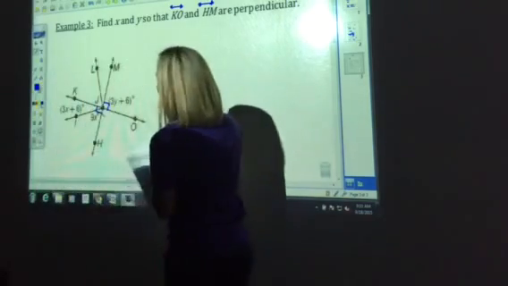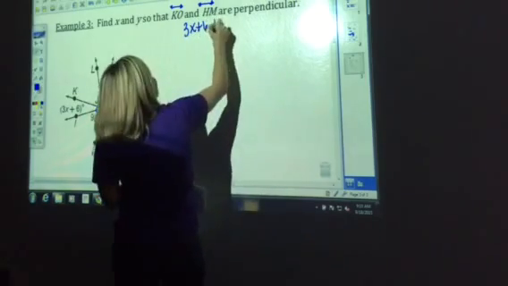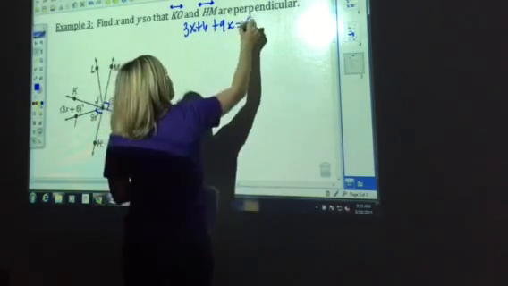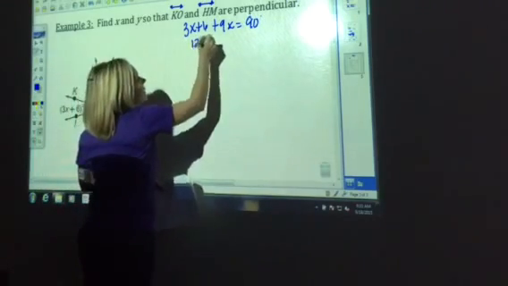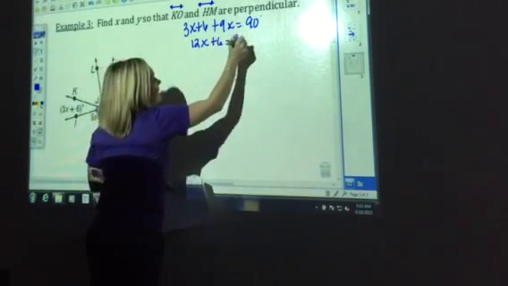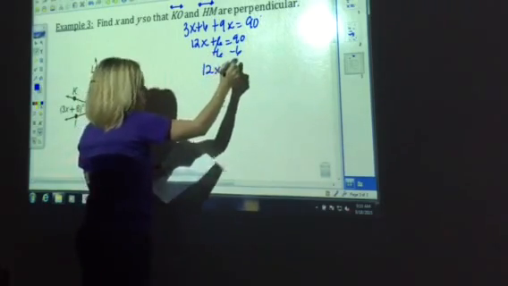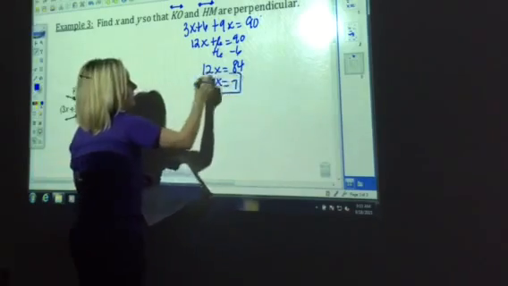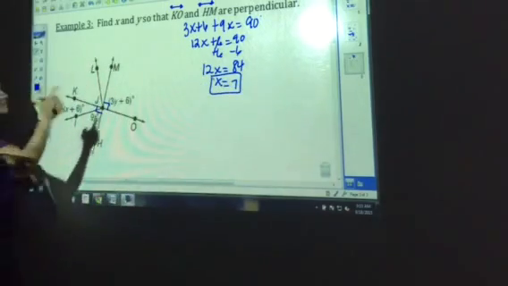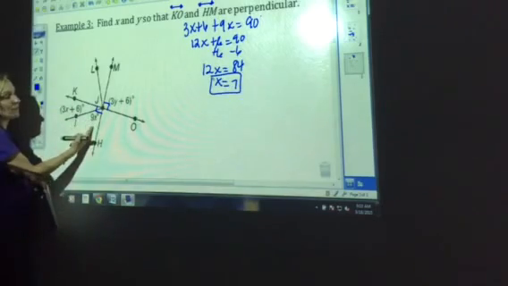So I would say 3x plus 6 plus 9x is equal to 90 degrees. 9 plus 3 gives me 12x, plus 6 equals 90, minus 6 minus 6, 12x equals 84. So x is equal to 7. So if x is equal to 7, then I could plug it in to find out individually what these are over here.